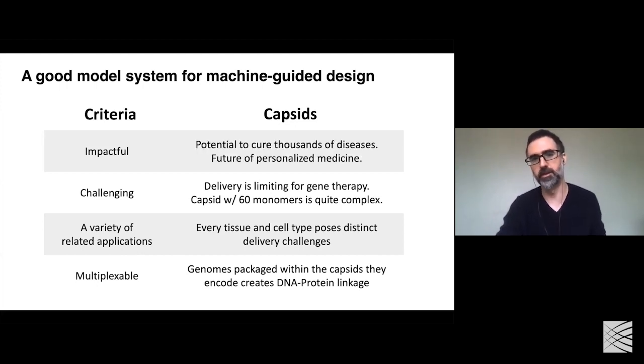But the impact is there, and there's the potential to cure thousands of diseases, for one. And we believe it's the future of personalized medicine, which is better poised to treat many different diseases that aren't possible to treat today. Today, many people are focused on small molecules and biologics like antibodies, which are inhibiting function.